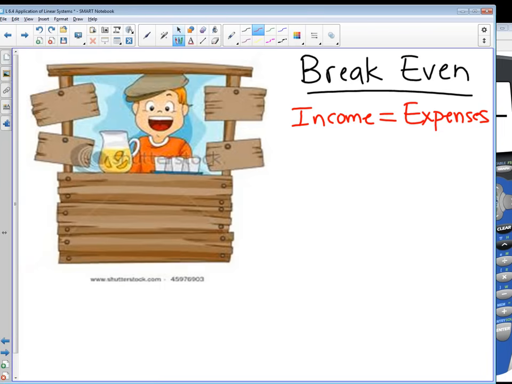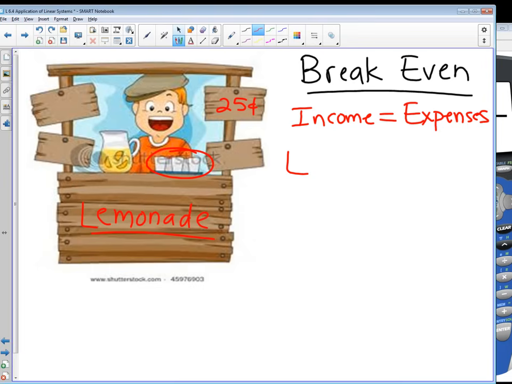Now, in order to start a lemonade stand, you can't just walk up and start selling lemonade. You're going to need some supplies. For example, this beautiful wooden lemonade stand might cost money to build. And then you're going to need cups. And then you might need paint or markers to make signs. So there are supplies that go with starting up a business.